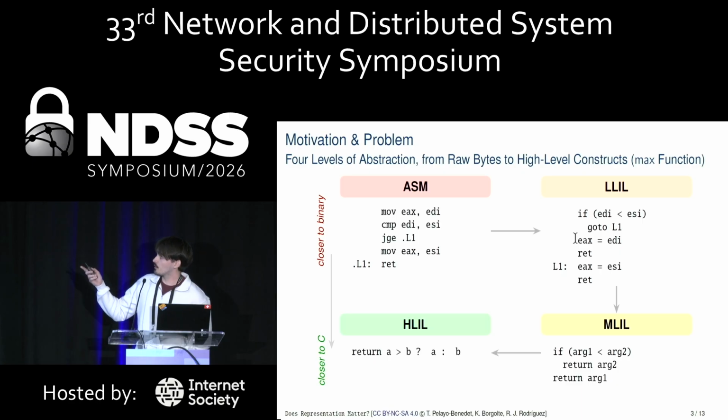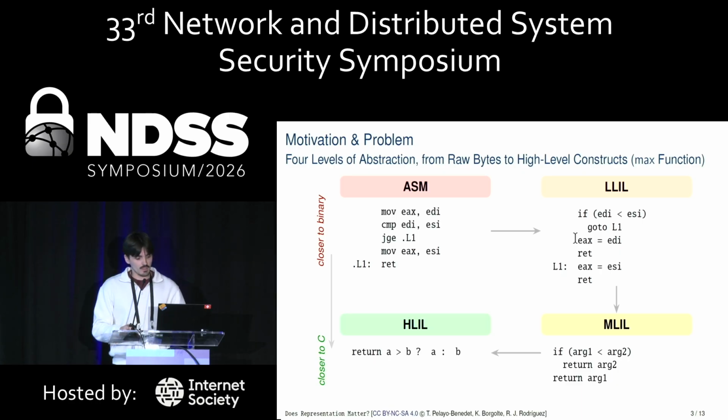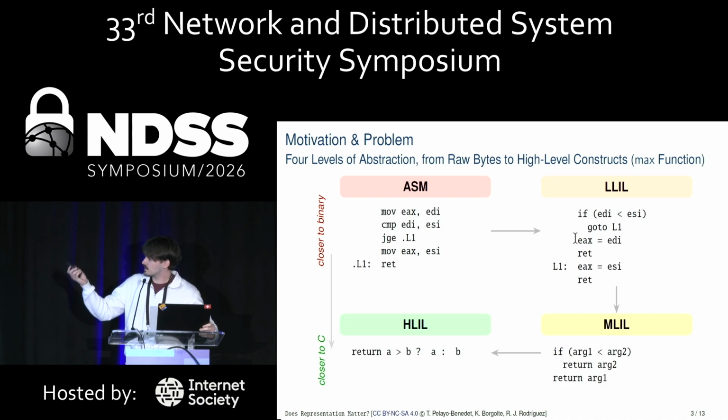The low level removes the architecture-specific details. After that, the medium level adds data flow analysis. And the high-level representation is the most abstract, and it only takes one line to present the function.